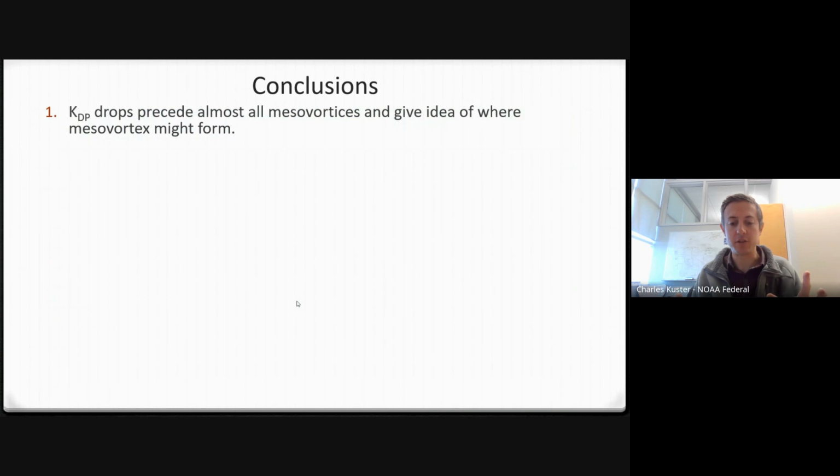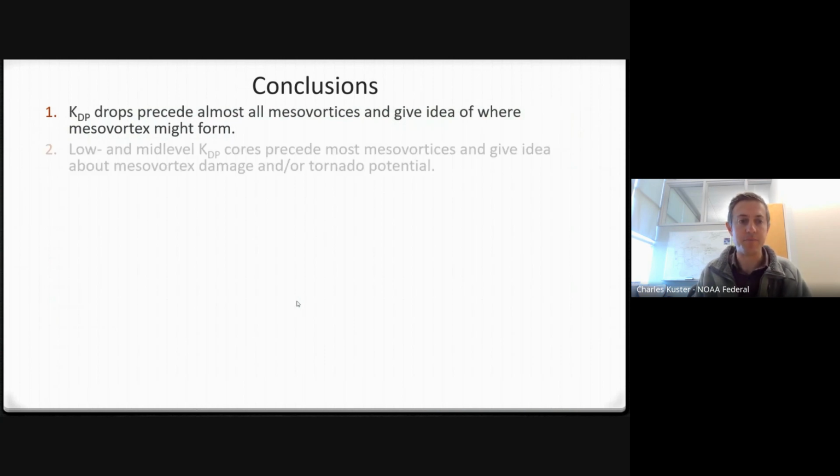We looked at a radar signature called a KDP drop, which is likely associated with a descending rear inflow jet, and therefore maybe surges in the convective line. We found that that signature was very common with mesovortices and could also give some indication of where a mesovortex is about to form.